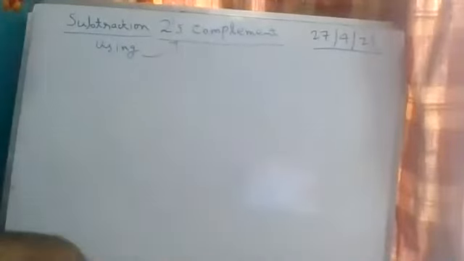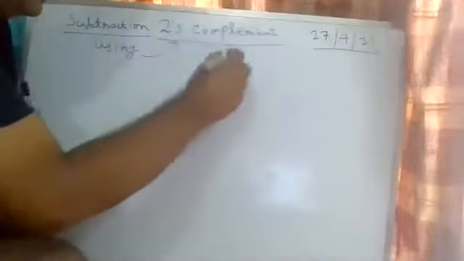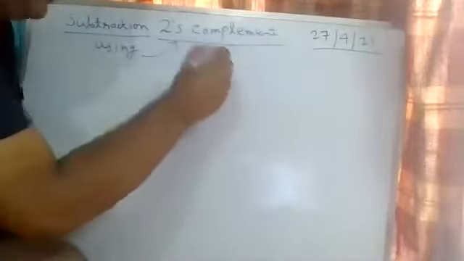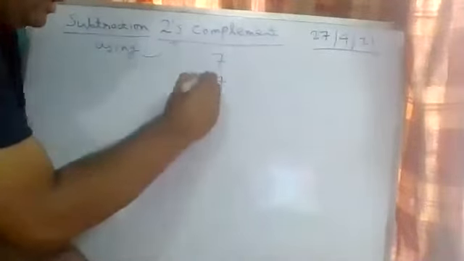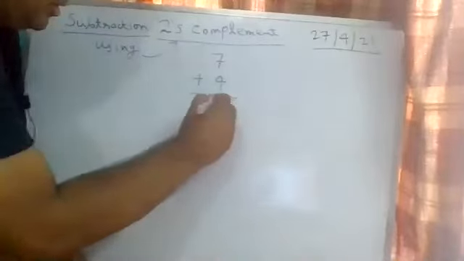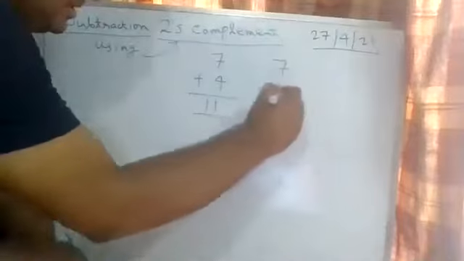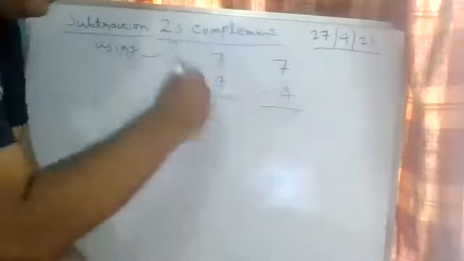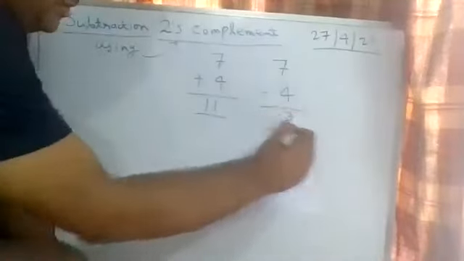The necessity is that in mathematics we can perform addition with an addition operator, like 7 plus 4 equal to 11. We can perform subtraction with the subtraction operation, that is 7 minus 4 equal to 3.